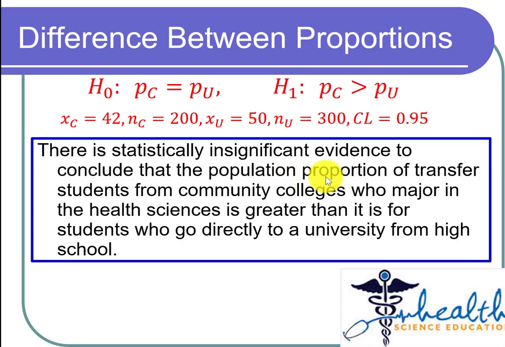So the population proportion of transfer students from community colleges who major in the health sciences is greater than it is for students who go directly to a university from high school. So notice that by saying it's statistically insignificant, this is just a fancy way of saying we don't know anything. So that is the conclusion for the hypothesis test.